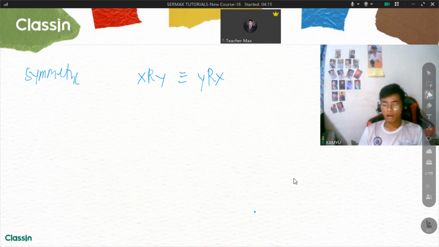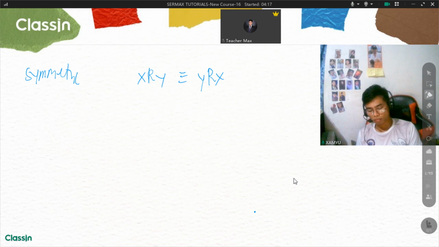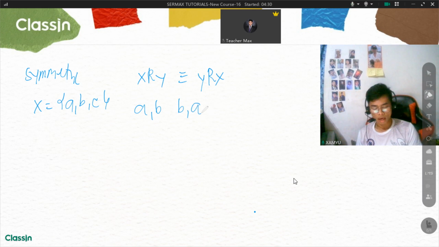In mathematics, when we have an input of A, B, and C, it must be that A is related to B and vice versa, B is related to A. And A is related to C and C is related to A. Could be B is related to C and C is related to B. That is symmetric. So in our automaton, how can we derive that?